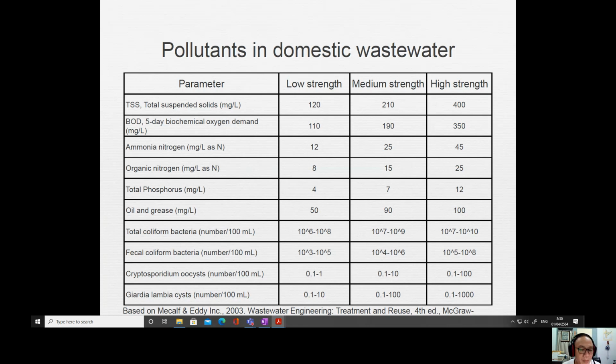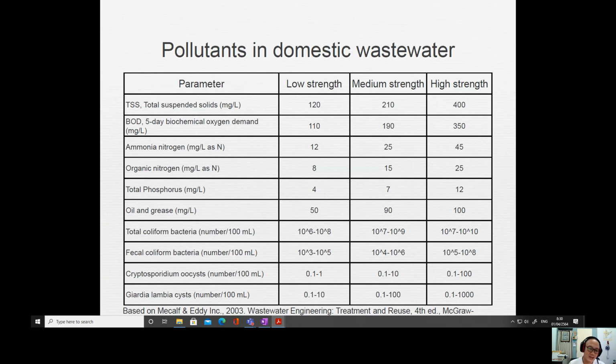I hope you still remember this keyword, eutrophication, which generally occurs in the marsh or the lake receiving nitrogen and phosphorus.